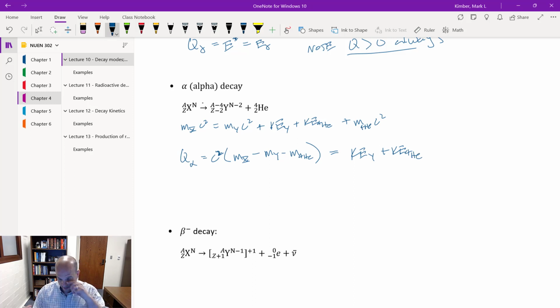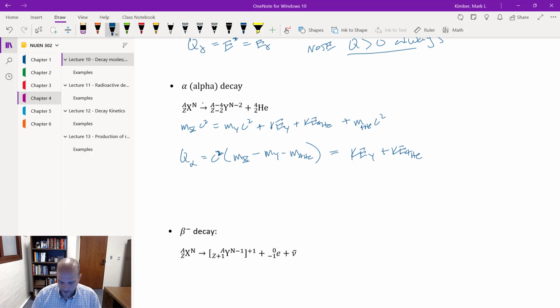So there's nothing here that we're doing, by the way, that is any different than any other Q value calculation that we've done. We're just looking at the mass deficit and equating that to the Q value and saying, well, we can also use the Q value to calculate kinetic energies.